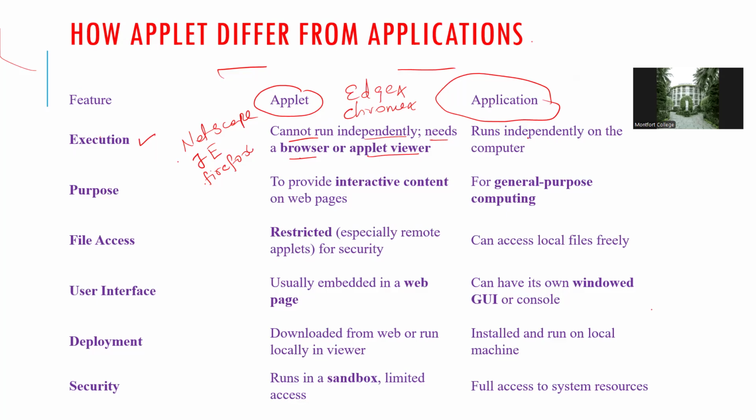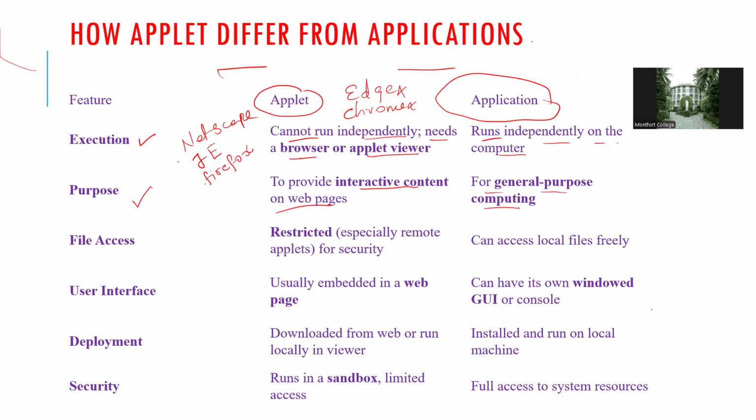Whereas an application runs independently on the computer, so that everyone knows. Application means it may be anything, for example Instagram, WhatsApp; these will run independently in any system. Coming to purpose: an applet provides interactive content on web pages, that we know already.